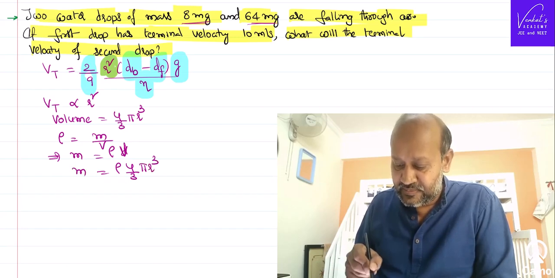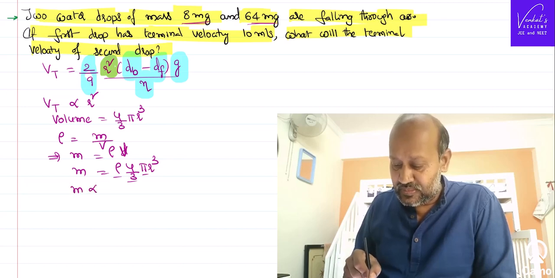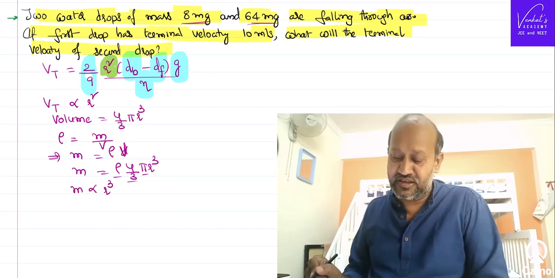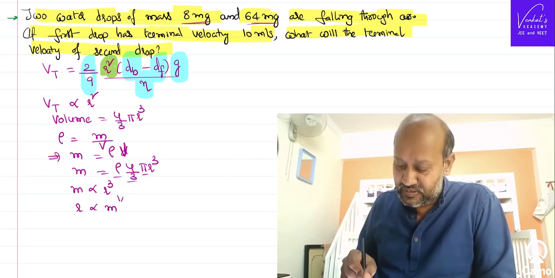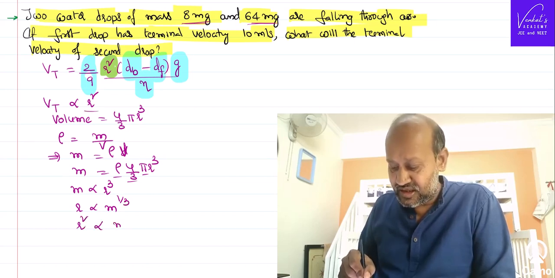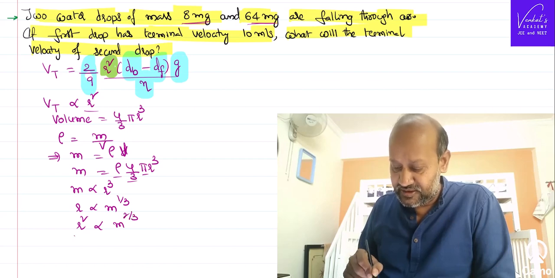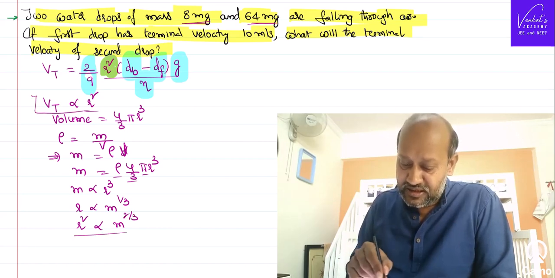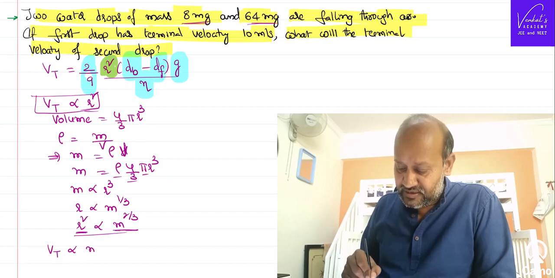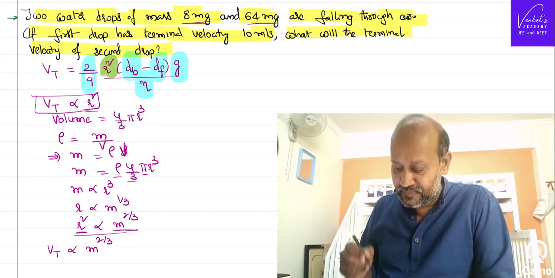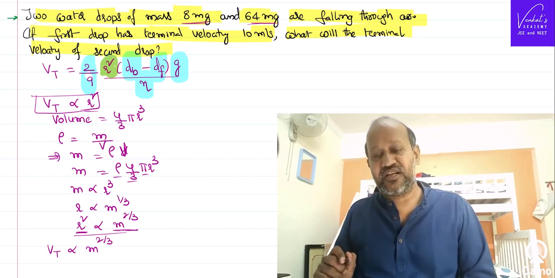That's mass. Again, density is constant, 4 by 3 constant, pi constant. So mass is directly proportional to the cube of the radius. So radius is directly proportional to mass power of 1 by 3. I need r square, so r square is directly proportional to mass power of 2 by 3. So I can rewrite this equation now as terminal velocity directly proportional to r square, and instead of r square, I can write mass power of 2 by 3. That's the expression that I want now.